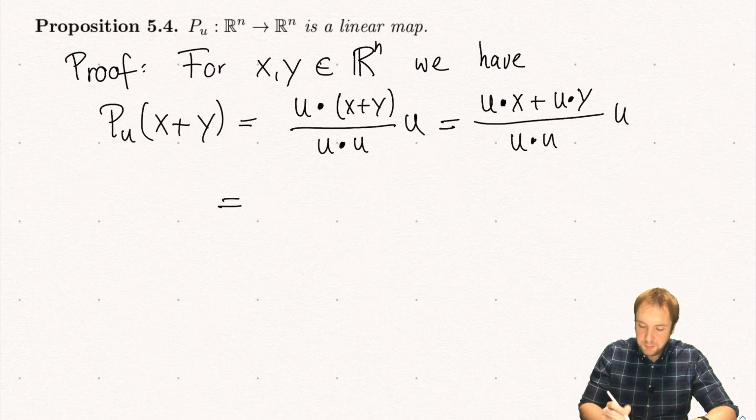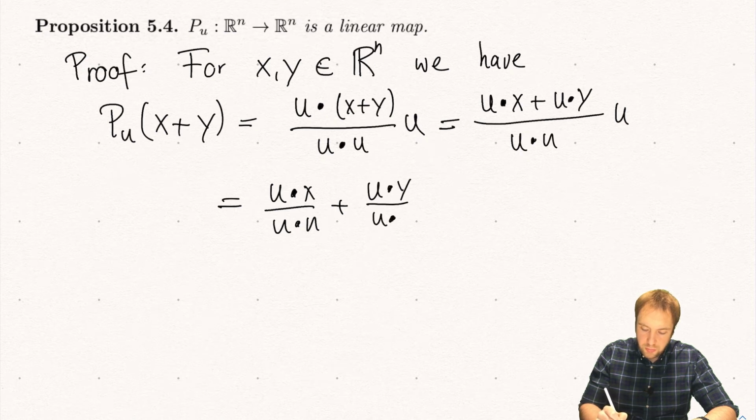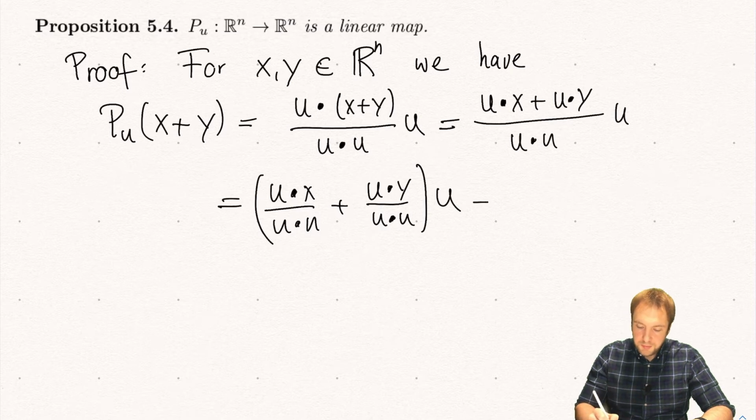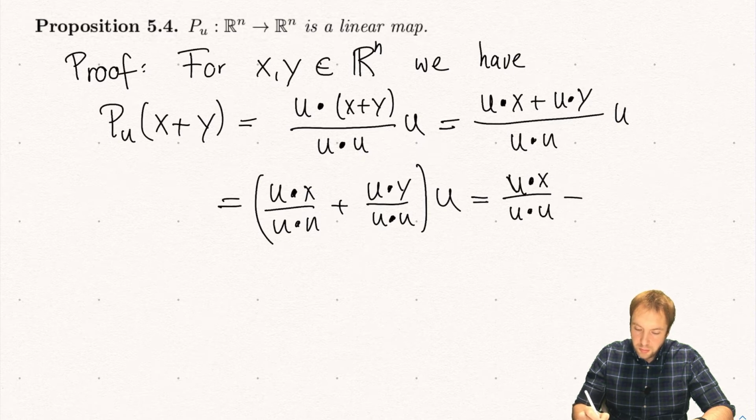But this we can just split up into the scalar product of u and x over u u, plus the scalar product of u and y over u u, times u. But this is the same as u times x over u u, times u, plus u y over u u, times u.